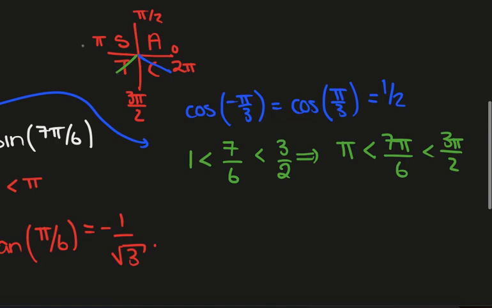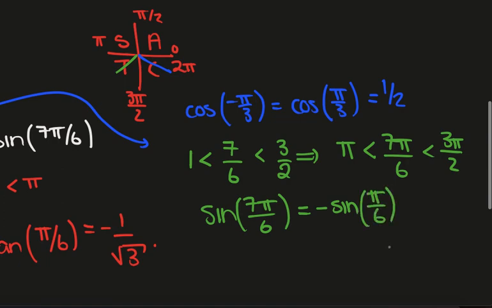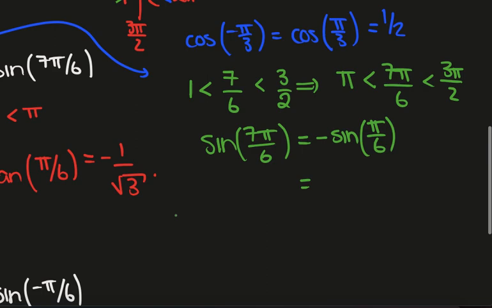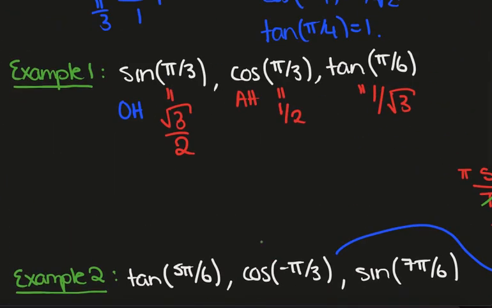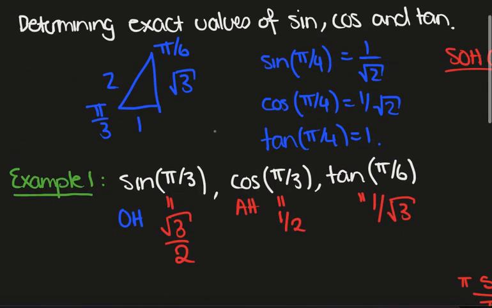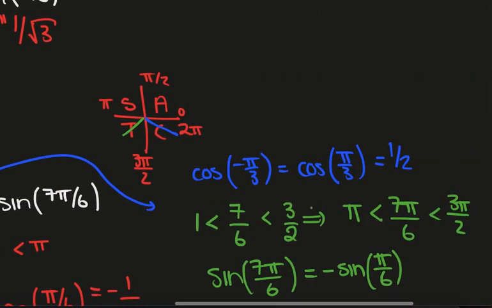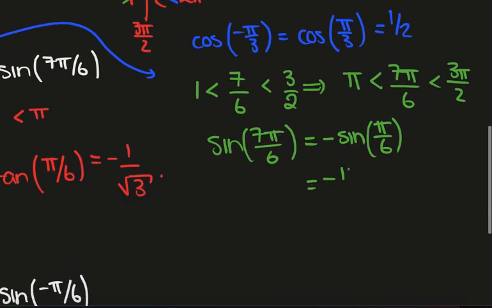Since tan is the only thing that's positive, we'll see that sine of 7 pi on 6 is negative, and it's the negative of what it would be in the first quadrant, so negative sine of pi on 6. We have not calculated sine of pi on 6, but sine of pi on 6 is opposite over hypotenuse, so it's 1/2. So what we end up with is minus 1/2.